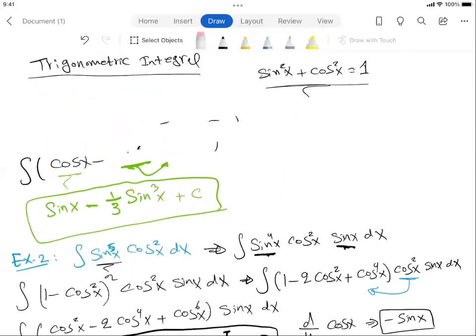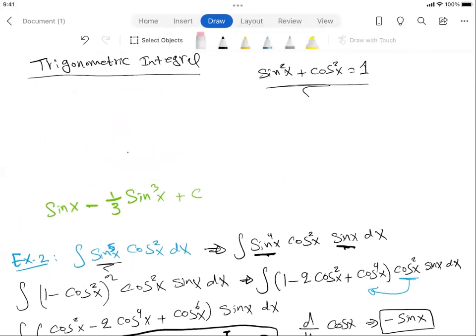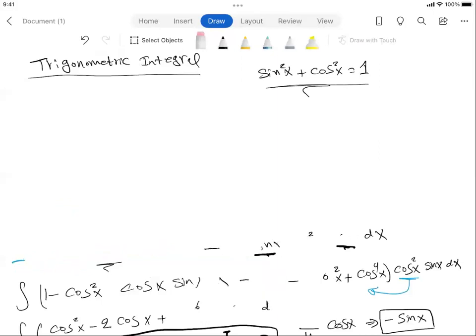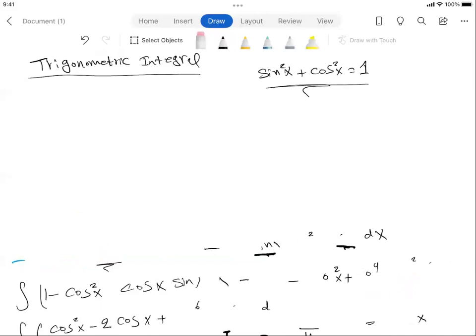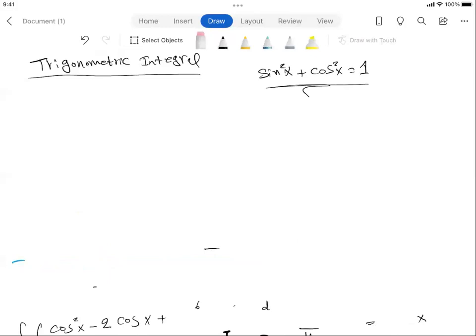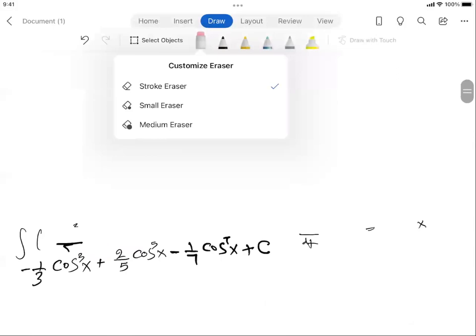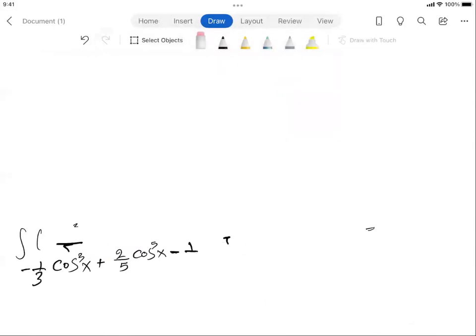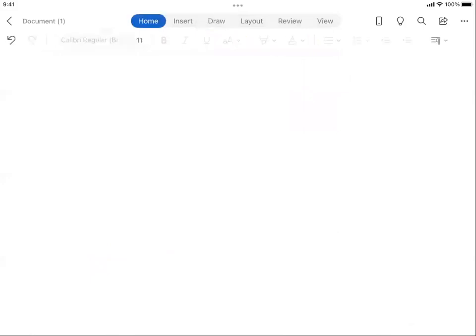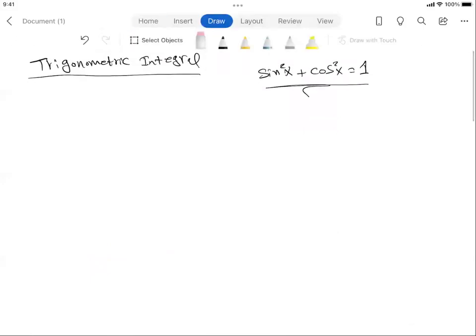We'll keep the identity in there. Let's make some more space.